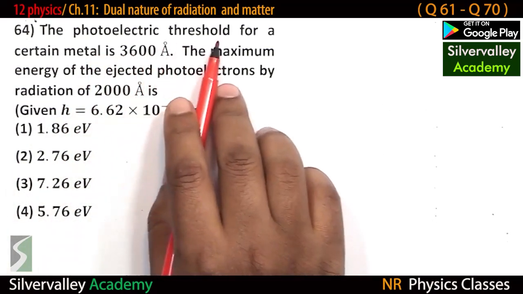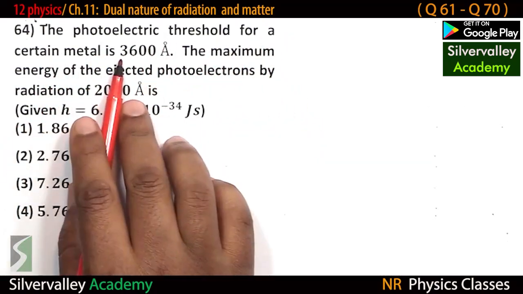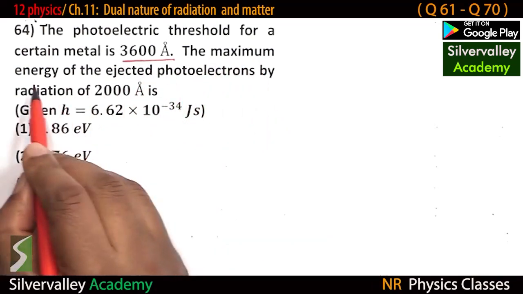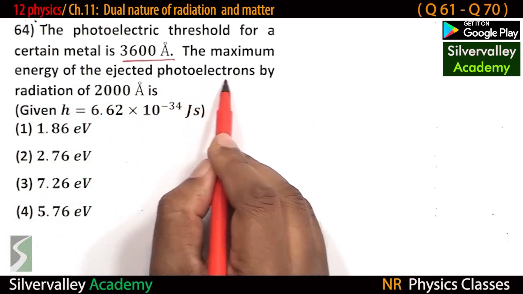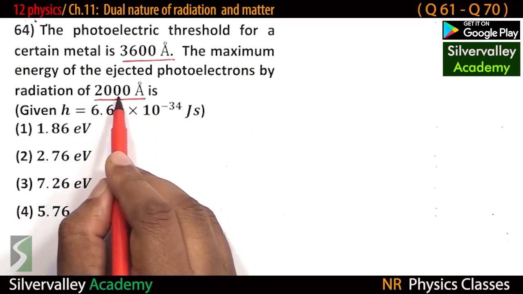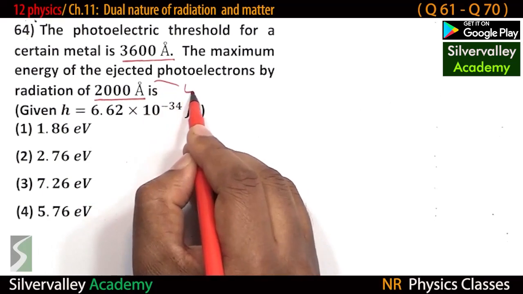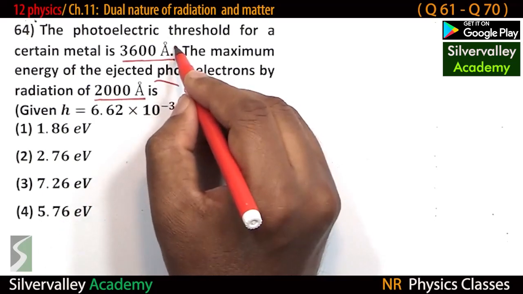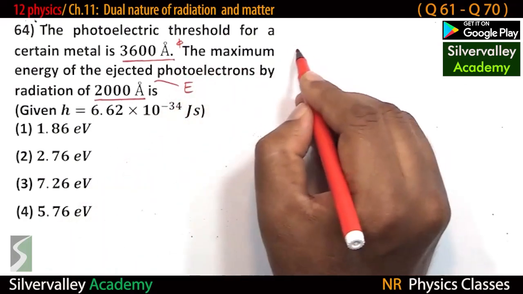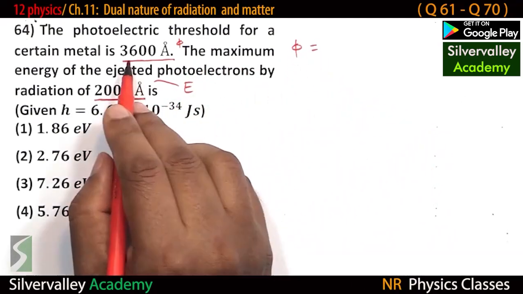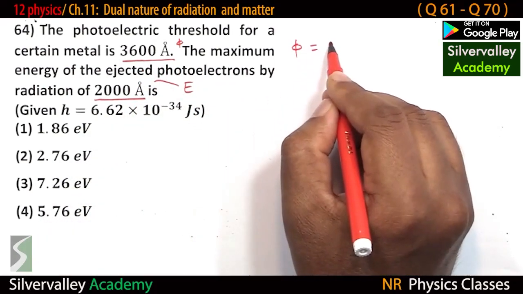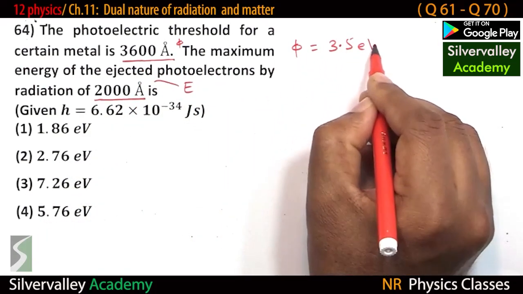So this 2000 angstrom is related to energy, and this is related to work function, isn't it? See, work function for 3600 angstrom is about 3.5 eV.